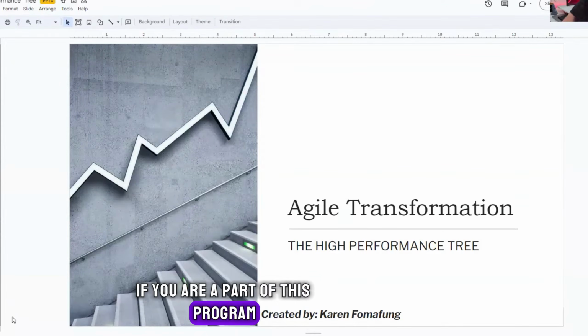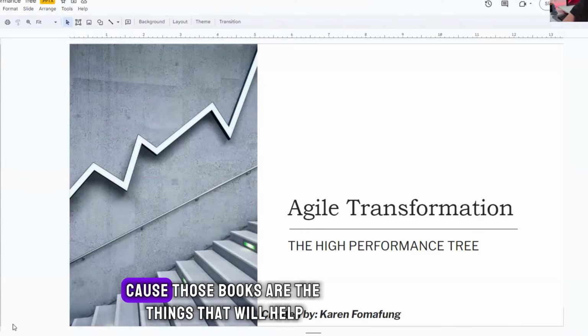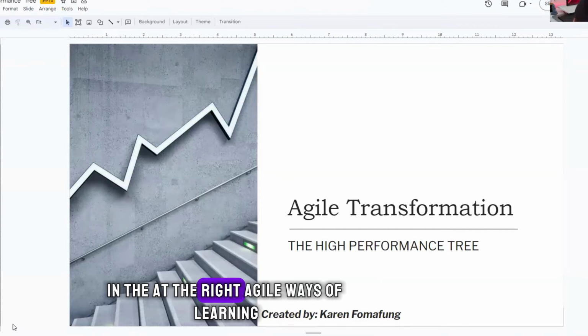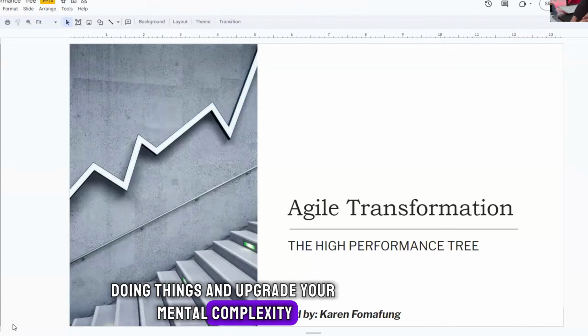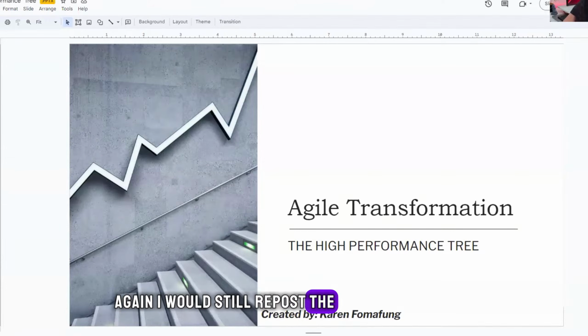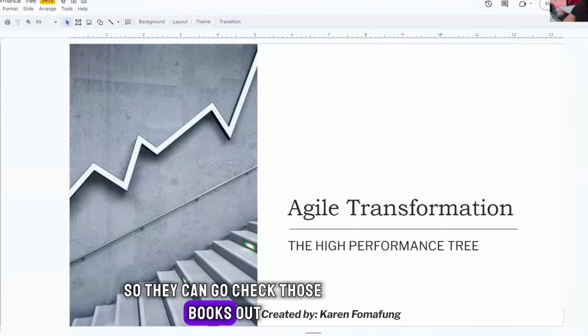If you're a part of this program, you have to get those books, because those books will help you be solid in the right agile ways of learning, doing things, and upgrade your mental complexity from an agility standpoint. Again, I will repost the reference link in the chat so that you can go check those books out.